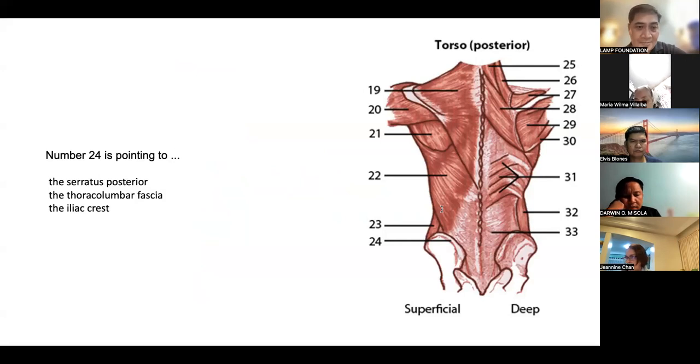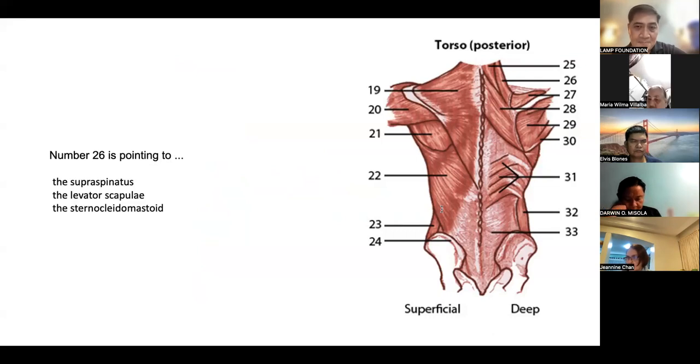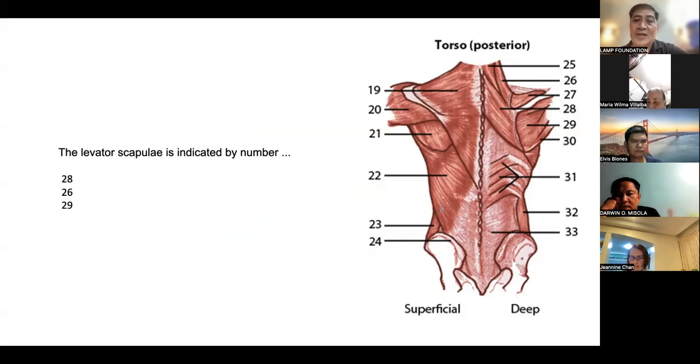Number 27, the supraspinatus. Number 26, the levator scapulae. Supraspinatus is number 27. Levator scapulae is indicated by number 26.